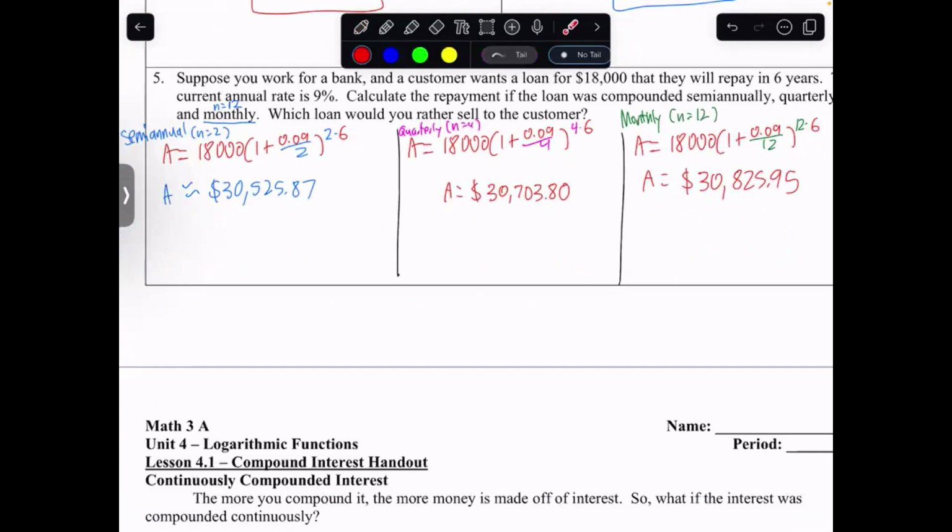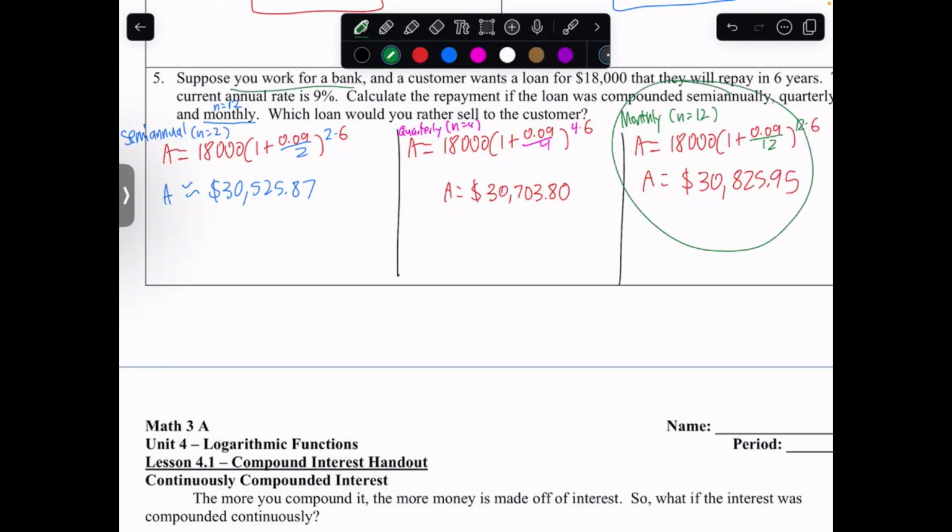Okay, so comparing all 3, you see that the more times per year you compound, the higher the balance. So that means that from the bank's perspective, you're working for the bank, you would want the interest to be compounded monthly, right?